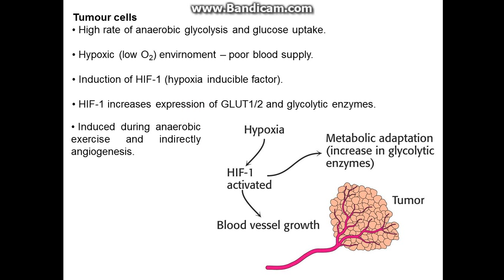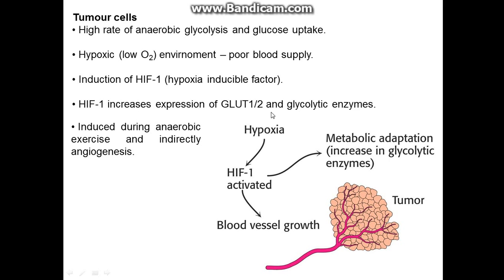Tumour cells also undergo anaerobic glycolysis quite often if they've grown around the blood vessel or can't get blood supply to the peripherals of the tumour, or just haven't grown near blood supply. Generally they tend to be hypoxic, poor blood supply as I just said, and they produce HIF1, which is hypoxia inducible factor.